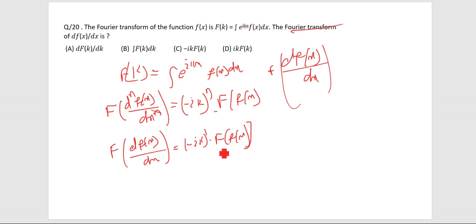In the question it is given that the Fourier transformation of f(x) is f(k). So I put that value and I get minus i k into f(k). So this is your answer, which is option number C.